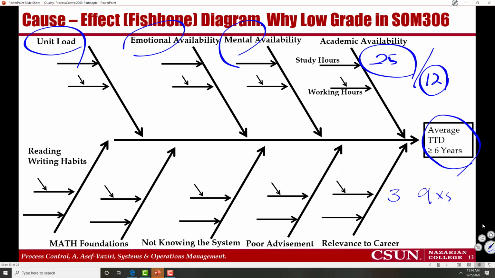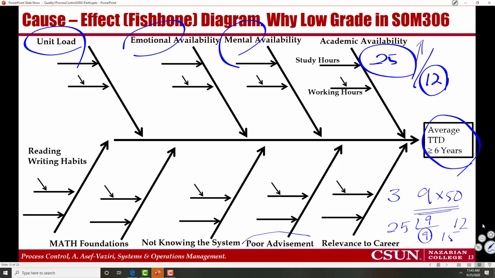Therefore, 25 divided by 9 is something like 9 units. So if you are taking 15 units or 18 units, you need to increase this 25 hours.